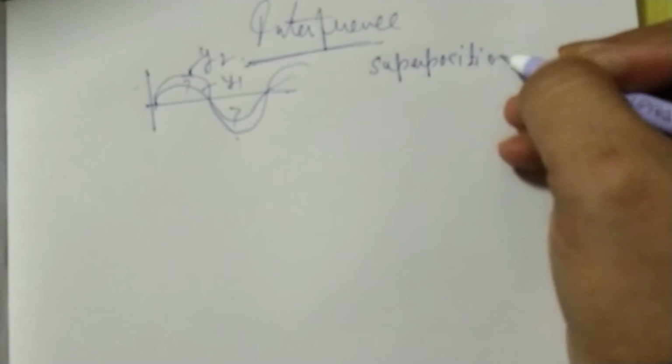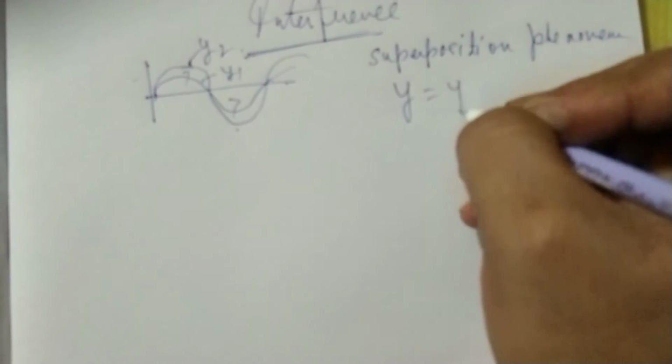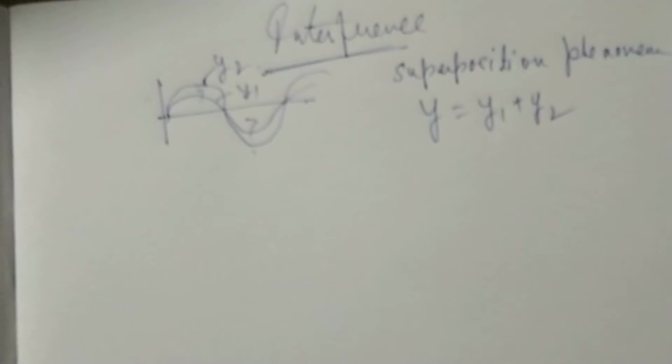Due to the superposition phenomenon, we get the resultant wave equal to y1 plus y2. That is, it is the algebraic sum of the displacements of the two waves.